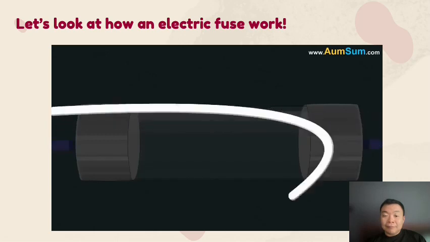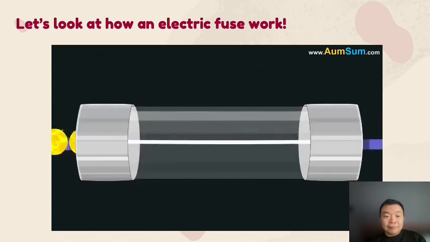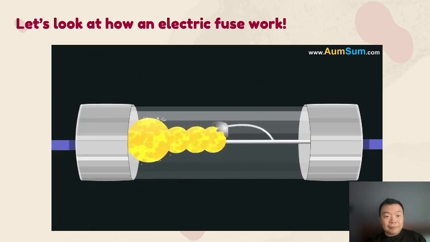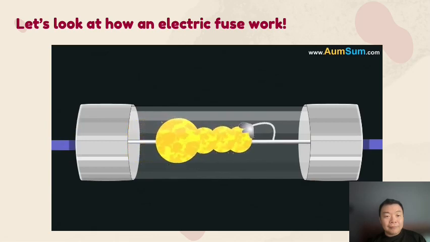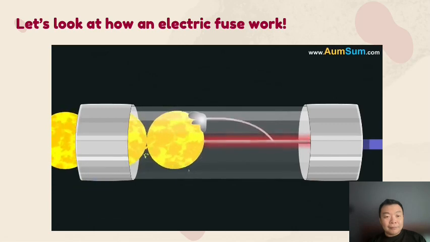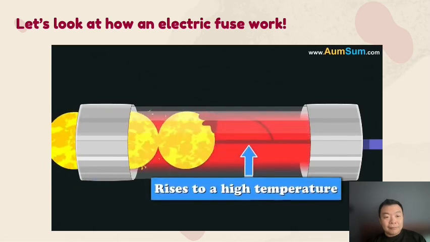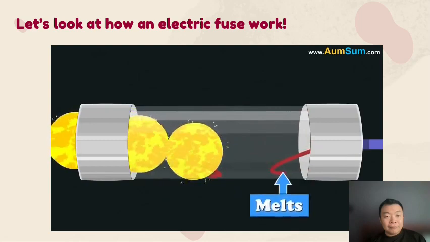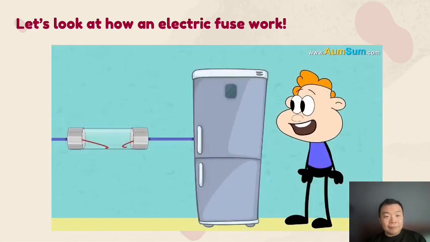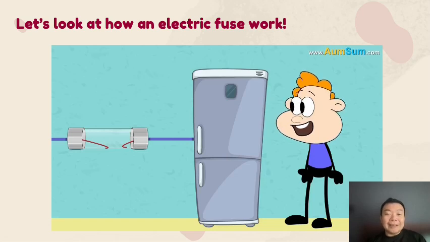The fuse element is constructed in such a fashion that when normal current flows or a small current spike occurs, it does not cause the fuse element to attain a high temperature. But when the current load is too high, the fuse element rises to a high temperature and melts, thus breaking the circuit and in turn saving the electrical appliance from damage. Alright, so that's how a fuse works, with a very cute animation.